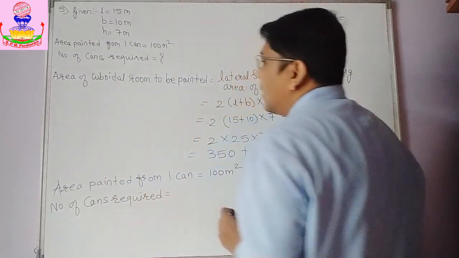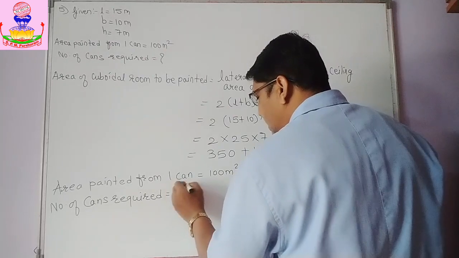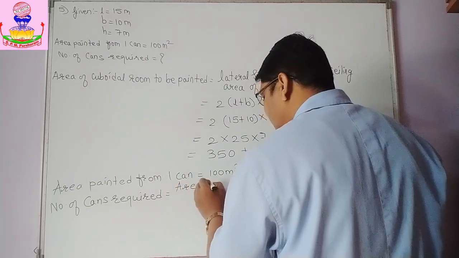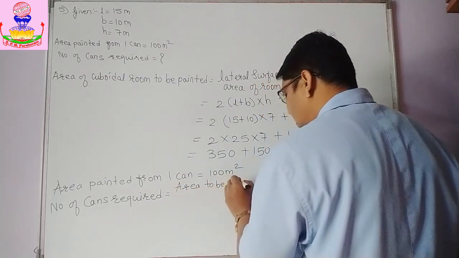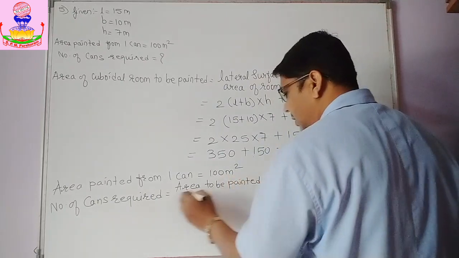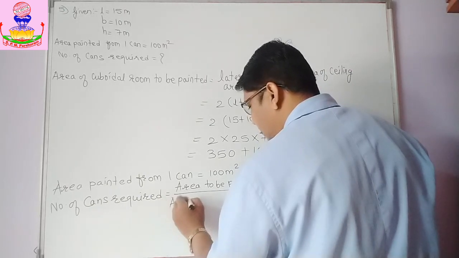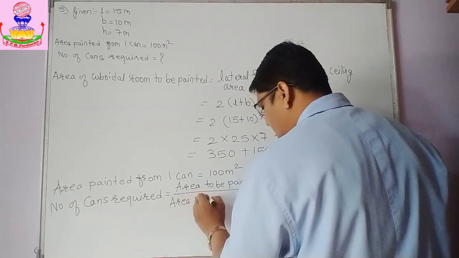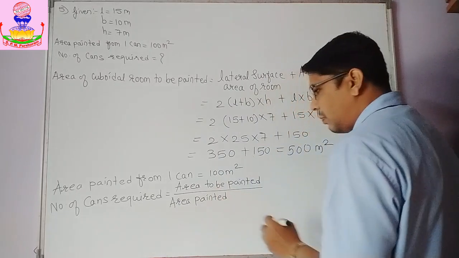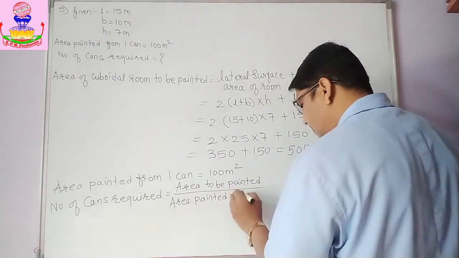That is equal to area to be painted divided by area painted from one can.